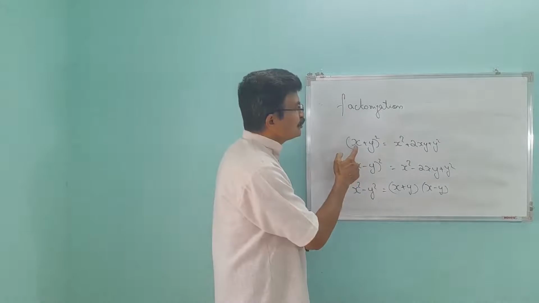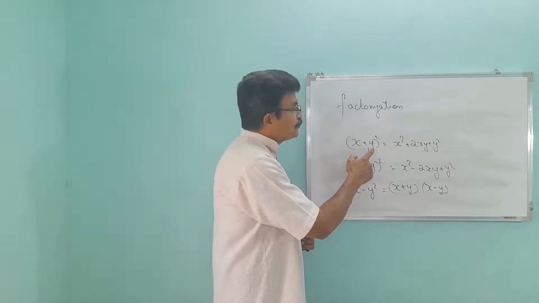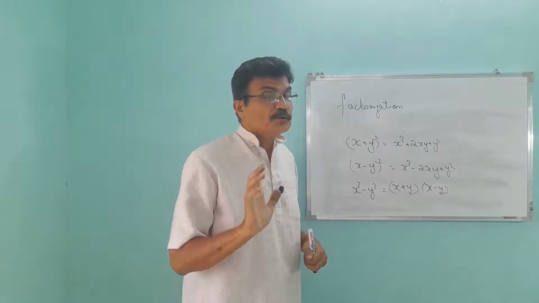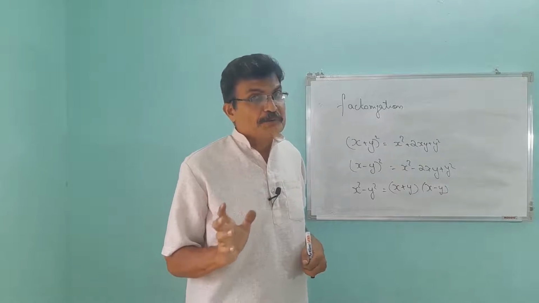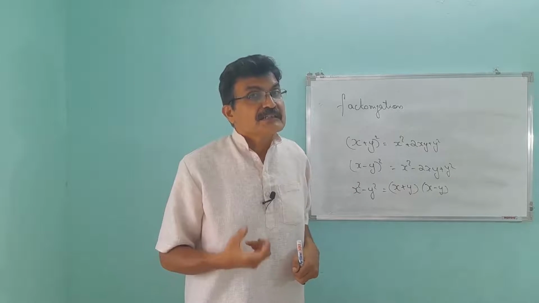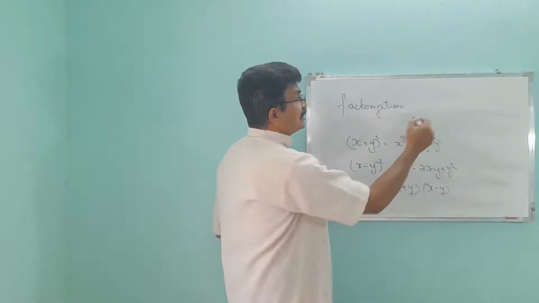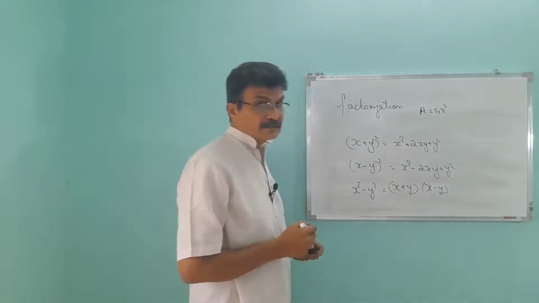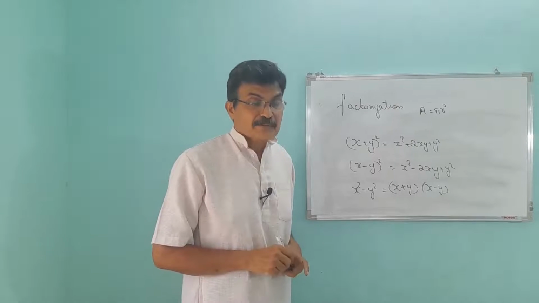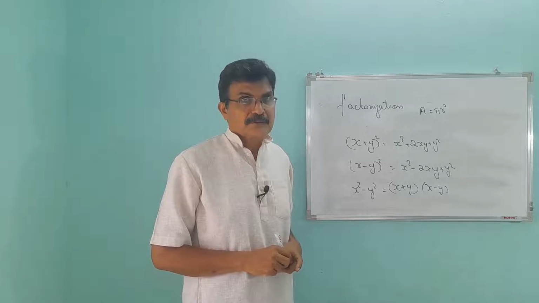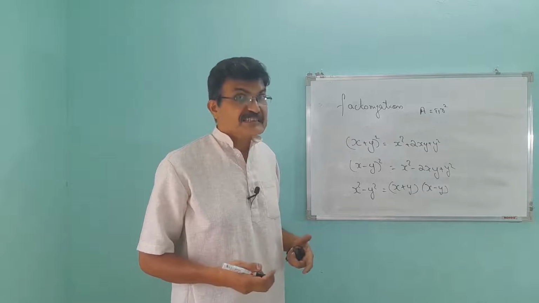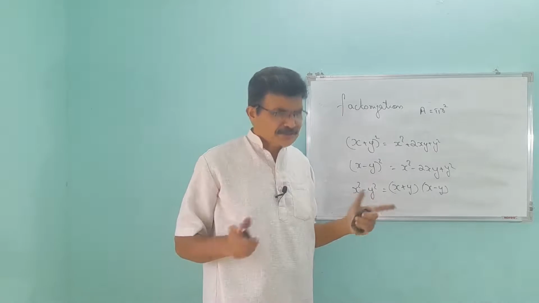That is, if you substitute values of x and y on either side, you will get the same value. A formula is a mathematical rule or relationship which involves symbols, such as area of a circle, A is equal to pi r square. This identity is not a formula.